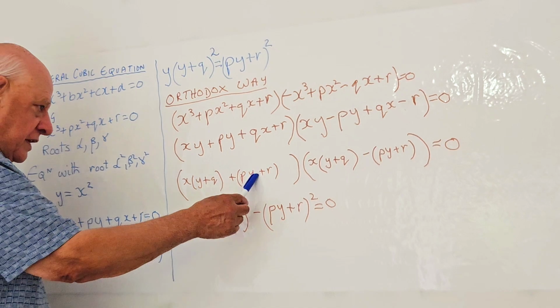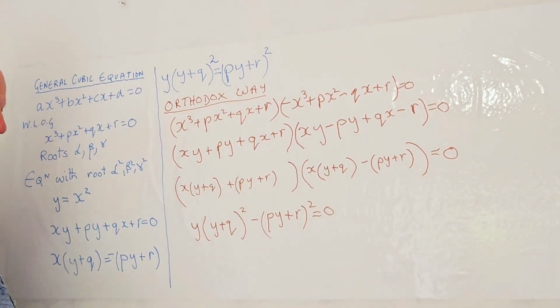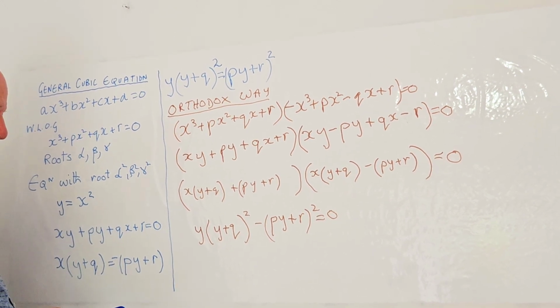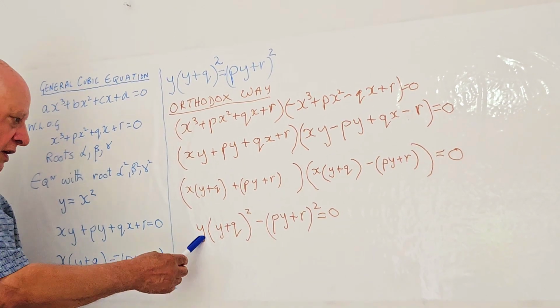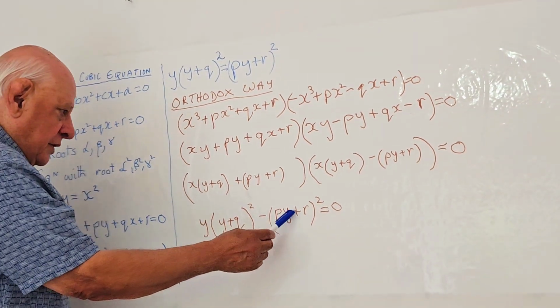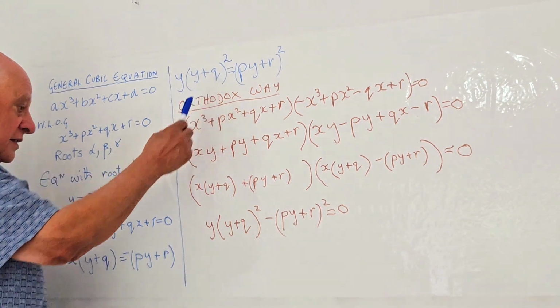You've got a plus b times a minus b, so when you multiply that out, that's a squared minus b squared. So what this becomes then is y times y plus q, all squared, minus py plus r, all squared, which I think you can see is exactly the same as that.